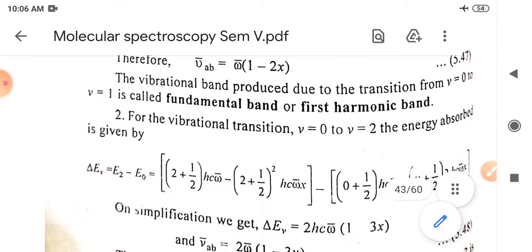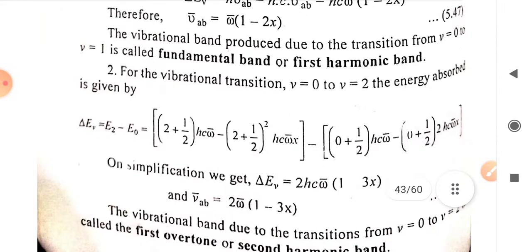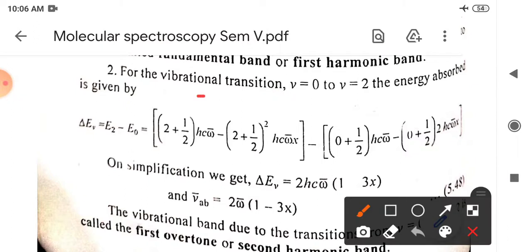For the second transition, that is for Δv equals plus or minus 2, we are saying this for the absorption. Emission will be the reverse, from v equals 2 to v equals 0. So for the vibrational transition from v equals 0 to v equals 2, the energy absorbed is given again by the same expression, where we put v equals 2 here and v equals 0 there.